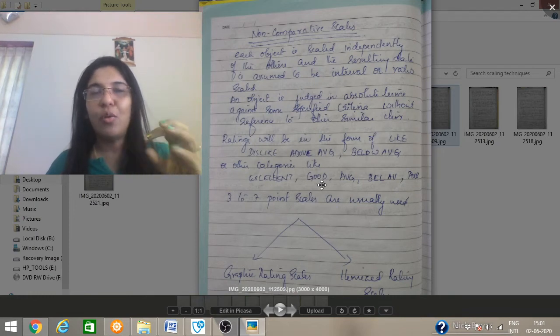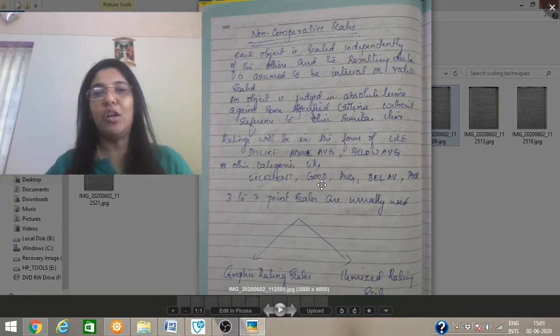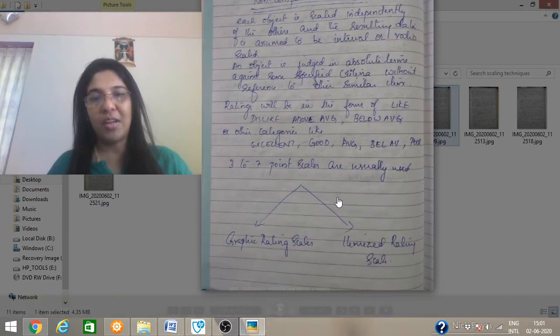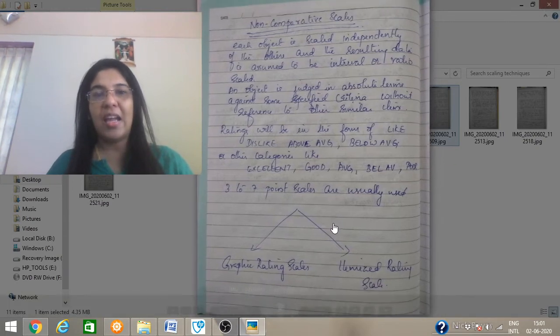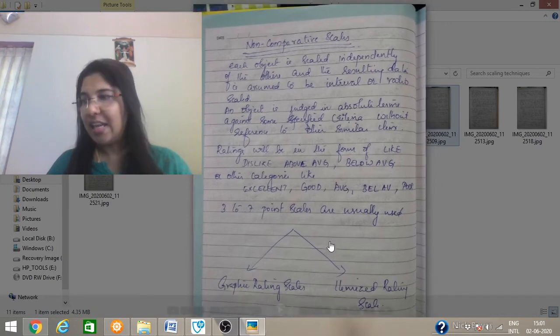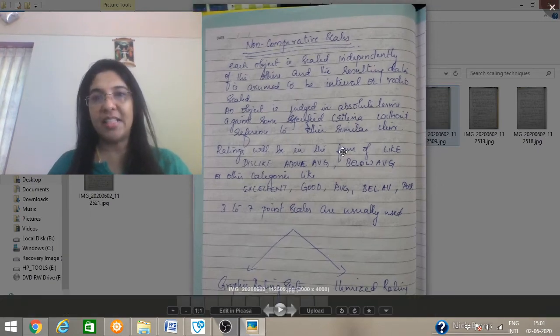You are not comparing, you are just rating it. That is called a non-comparative scale. Each object is scaled independently of the others and the resulting data is assumed to be in an interval or a ratio scale. Non-comparative scales are considered to be graphic rating scales or itemized rating scales.